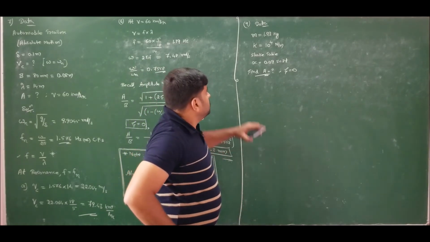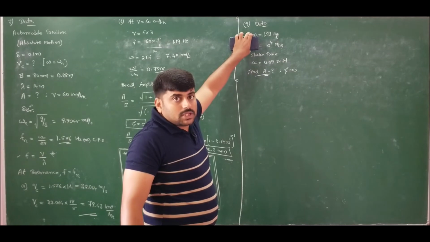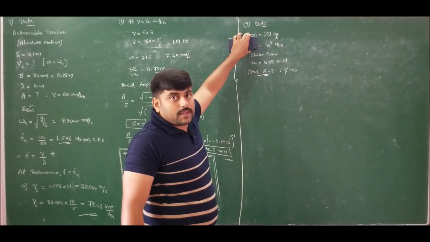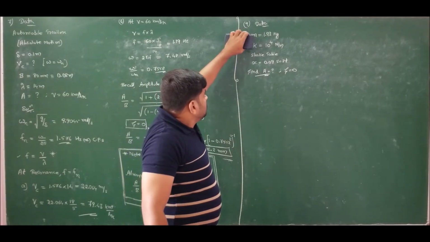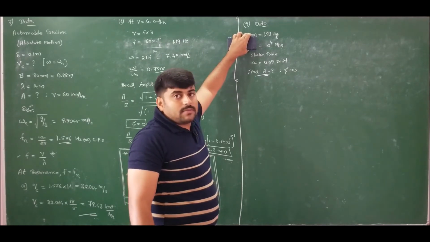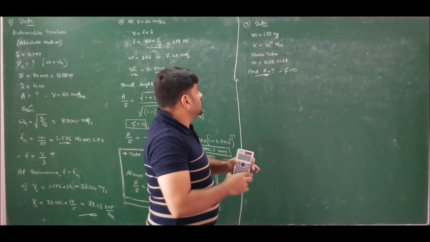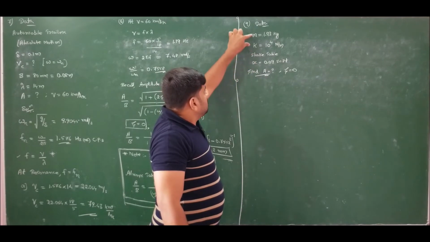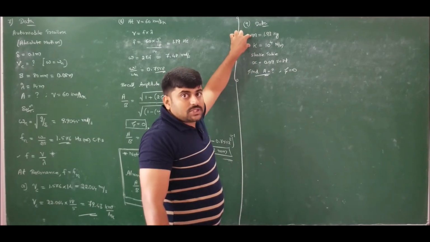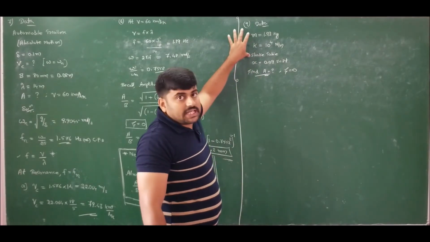Now, if you carefully observe, the spring mass system is placed above the shake table, correct? Which is somewhat similar to a vibration measuring instrument. This is because the spring mass system is placed on a table which is shaking.